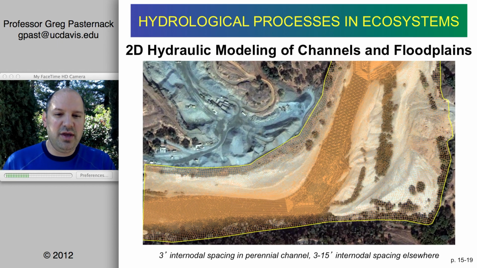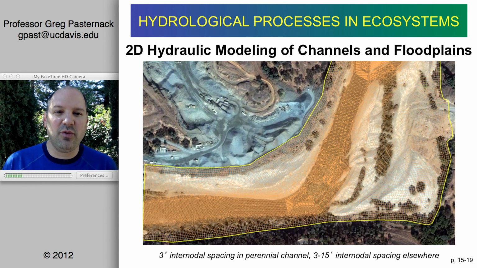And so what I'm showing you here is an aerial photo of a section of the lower Yuba River, and there happens to be a mining pit off on one side here. And then the yellow line shows the elevation of terraces and hillsides, and then inside that you see a lot of orange stuff. Well, the orange lines represent a computational mesh.